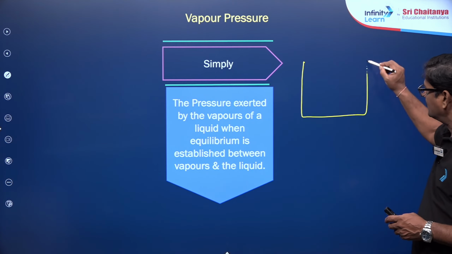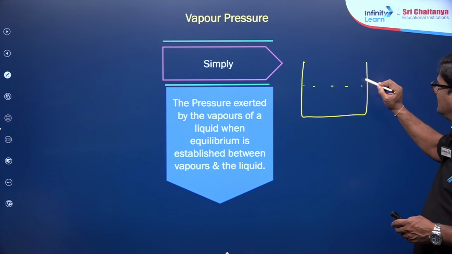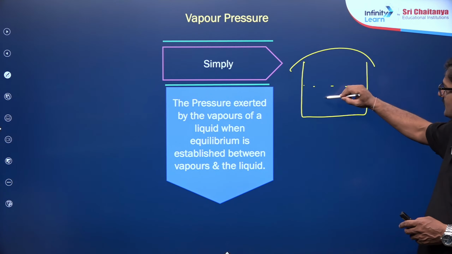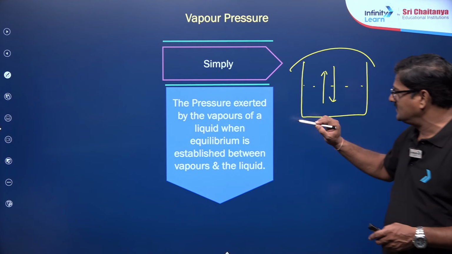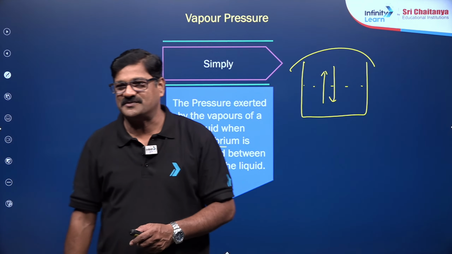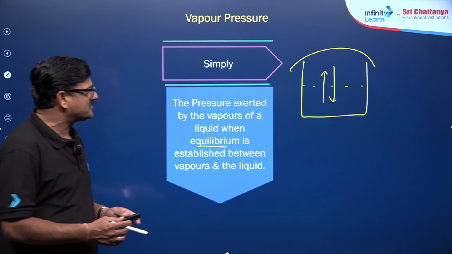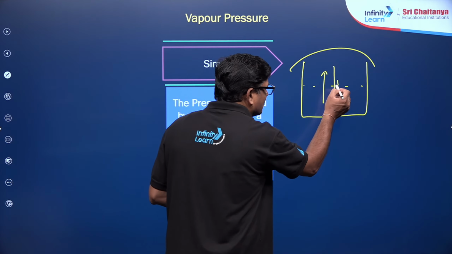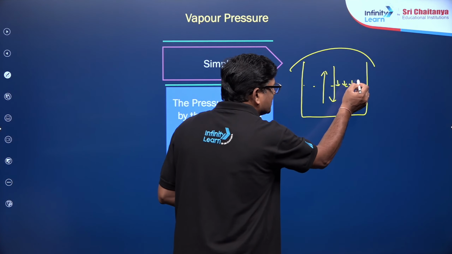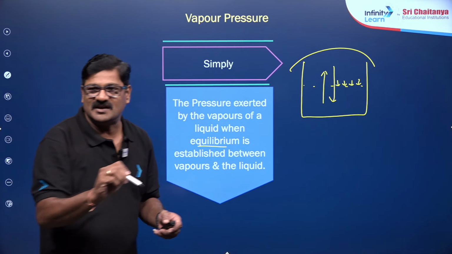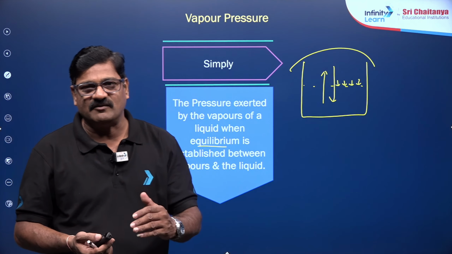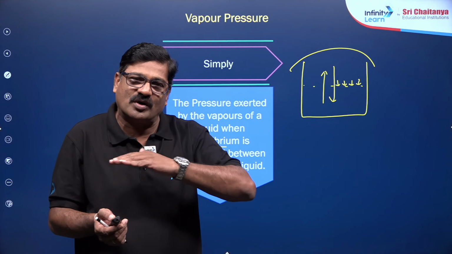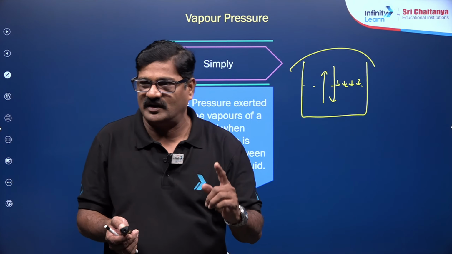Here you can see a liquid in a closed container, with evaporation and condensation. That state is called the equilibrium state. At that state, the vapor exerts some pressure on the surface of the liquid, called equilibrium vapor pressure. Based on this equilibrium vapor pressure, all the colligative properties are connected.